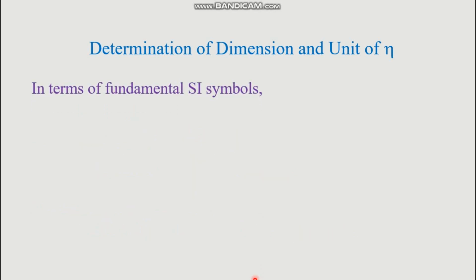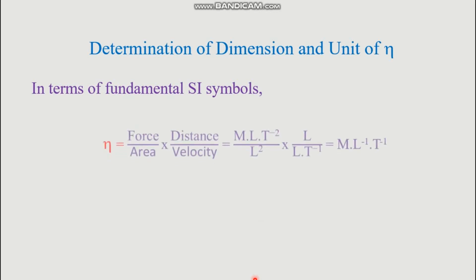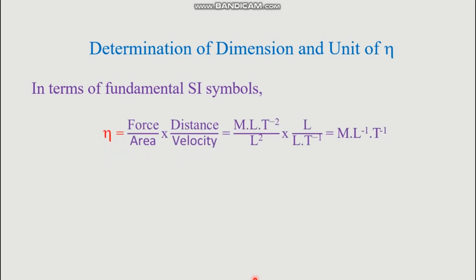Now the dimension and unit of eta in SI symbols: force has the symbols M L T to the power minus 2, area is L squared, distance is L, and velocity is L T inverse. That means force is mass length per time squared, area is length squared, distance is length, velocity is length by time.